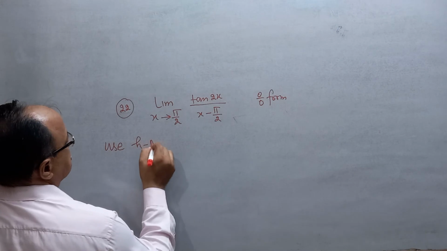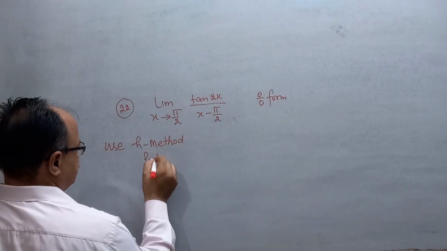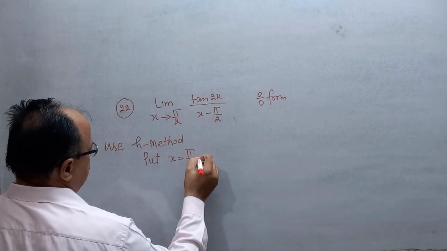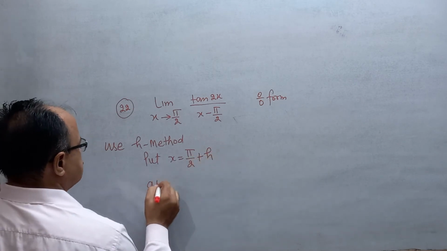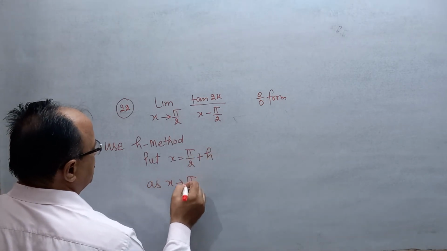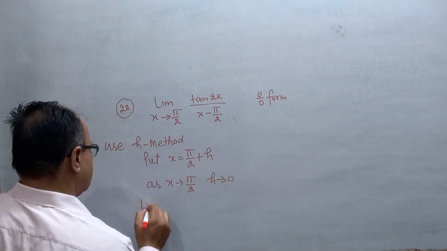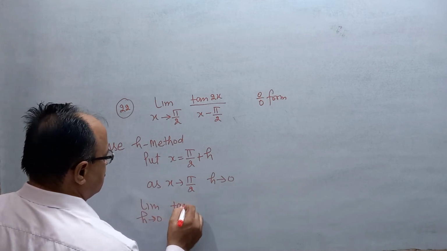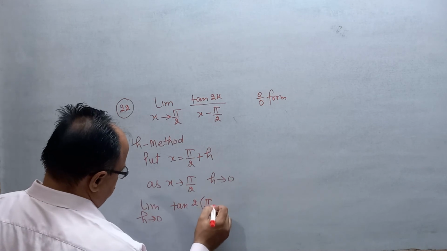Use h method. Put x is equal to pi by 2 plus h. As x approaches pi by 2, h approaches 0. Limit h approaches 0, and in place of x put this value, pi by 2 plus h.